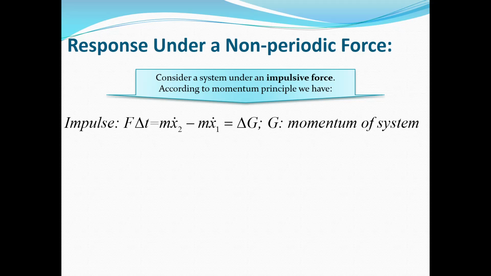And for this purpose, first we need to investigate the impulse response of a system, and then you will see how to expand this solution for a general loading to find the response of a system for a general loading. So the first step, we will find the response of an underdamped system subjected to an impulse.